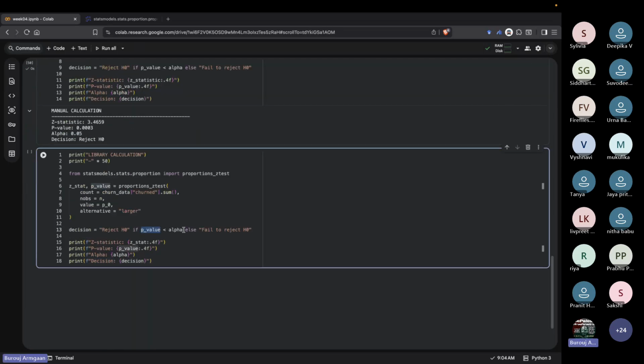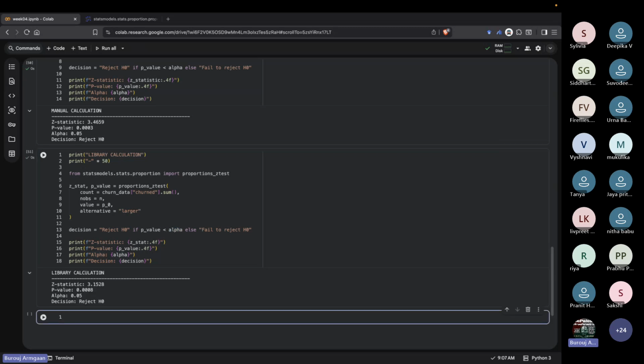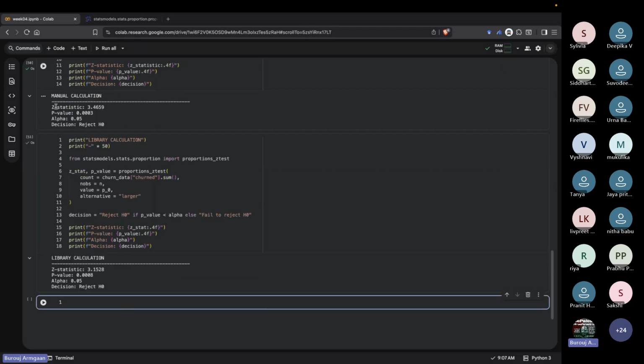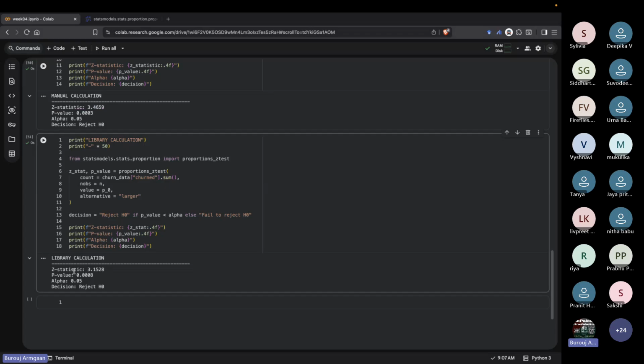If p-value is less than alpha, we print this. So notice that the z statistic is different. In this case, the z statistic is different and the p-value is also different. Even though the decision is the same, the output is not the same.